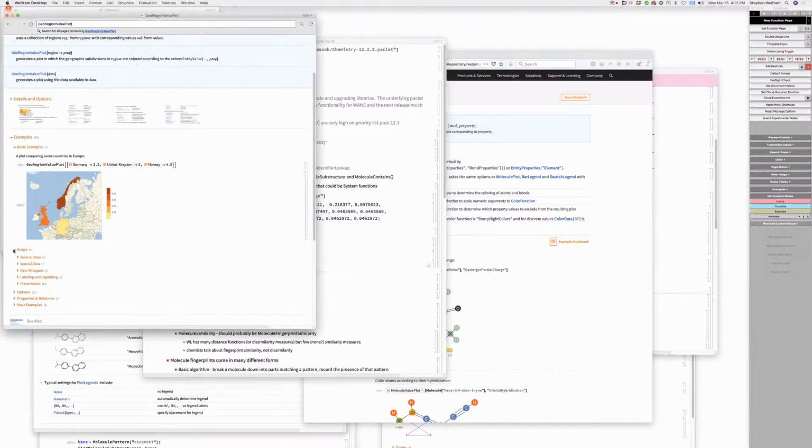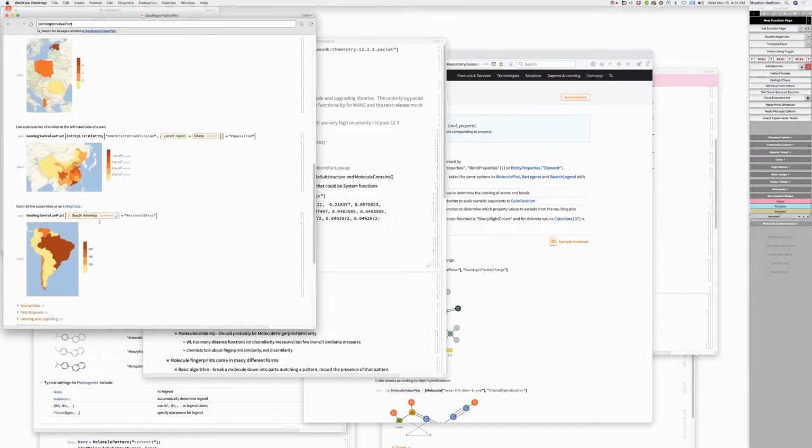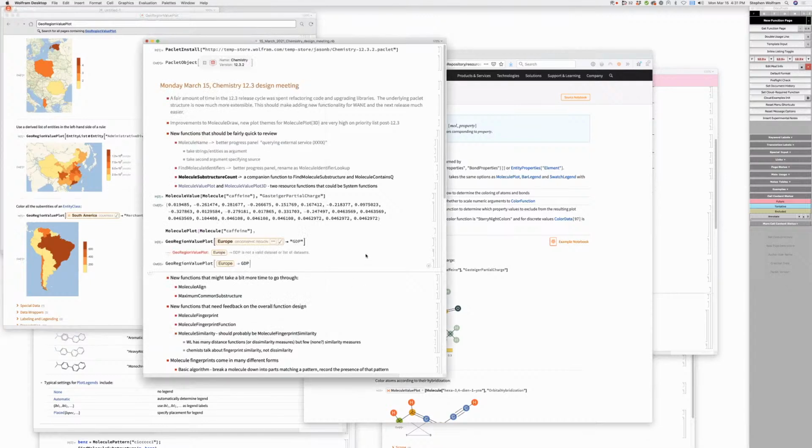Wait. Let's understand what that thing is, in which the geographic subdivisions in region are colored according to this. Does anybody know how this works? This is not showing that case. Oh gosh. I think you got it from Europe. That's something that shouldn't be able to happen.